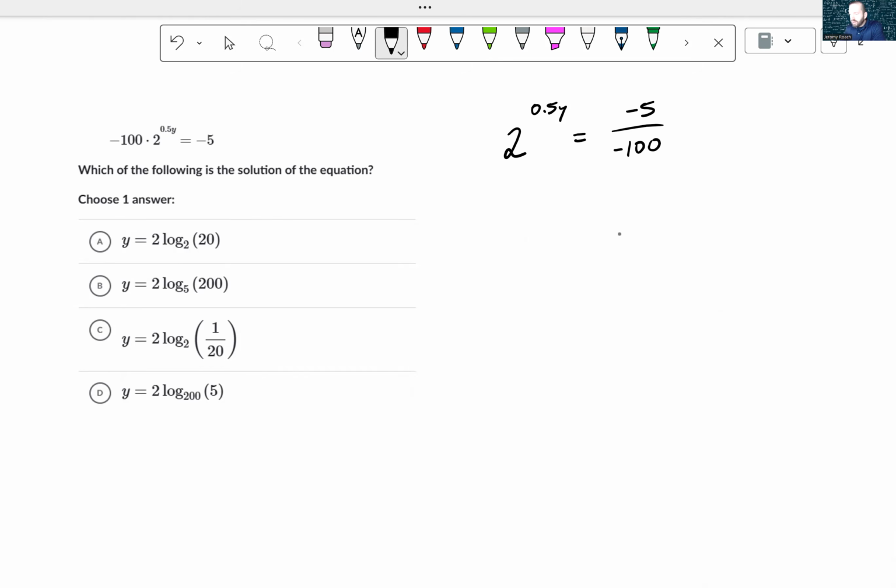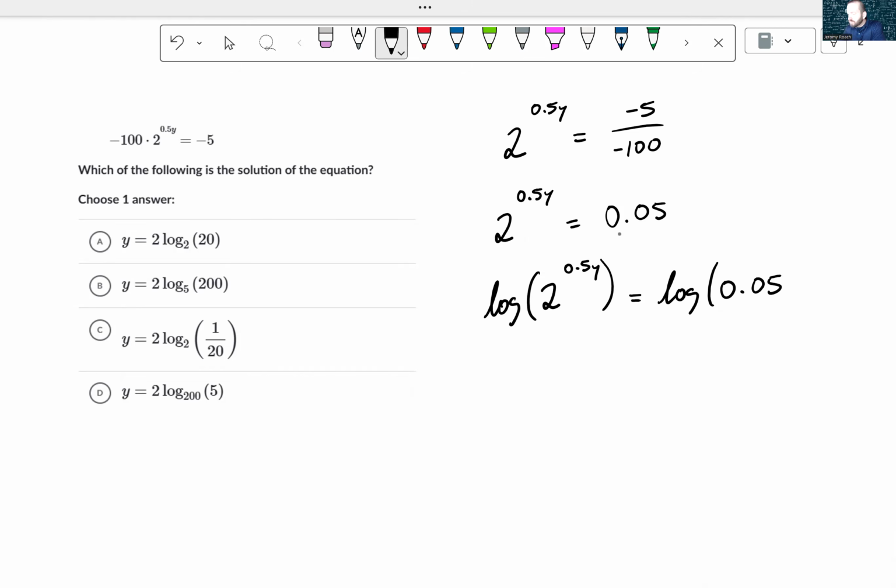Okay, and if we simplify this, this is 2 to the 0.5y is equal to, this becomes a positive value, 0.05. We're going to take the log of both sides. This is now log 2 to the 0.5y is equal to log 0.05.